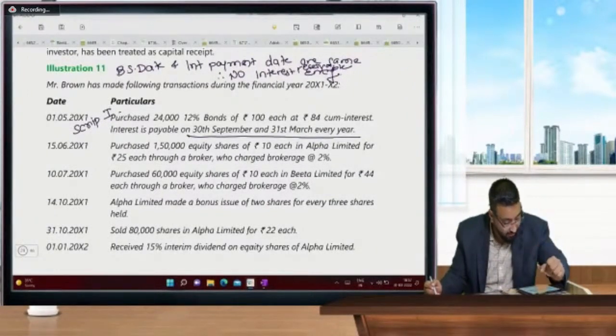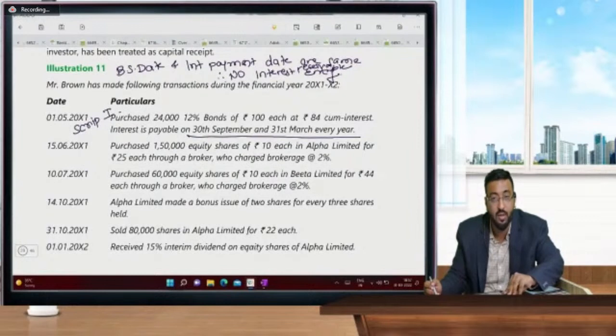Purchase 1,50,000 shares of $10 each in Alpha Limited for 25 each through a broker who charges brokerage 2%.